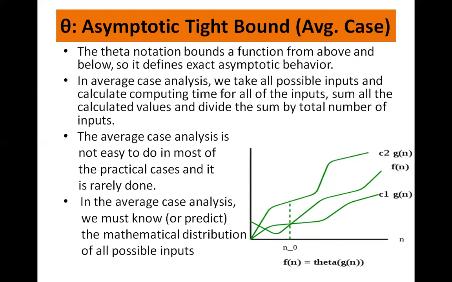So in average case analysis, we take all possible inputs and calculate computing time for all the inputs, sum all the calculated values, and divide the sum by the total number of inputs. It's a bit complicated. The average case analysis is not easy to do in most practical cases, and it is rarely done because you cannot predict the average time of an algorithm. Why? In the average case analysis, we must know the mathematical distribution of all possible inputs.